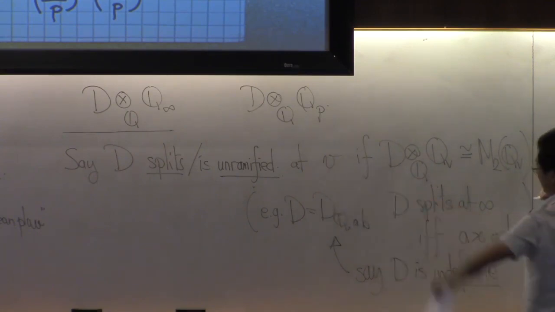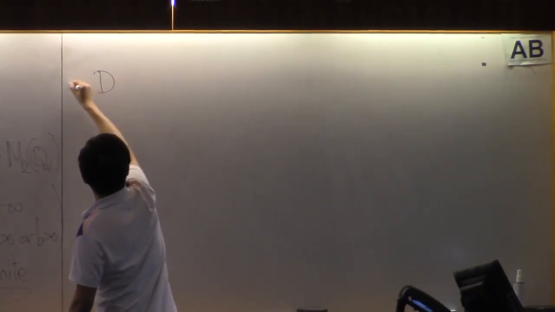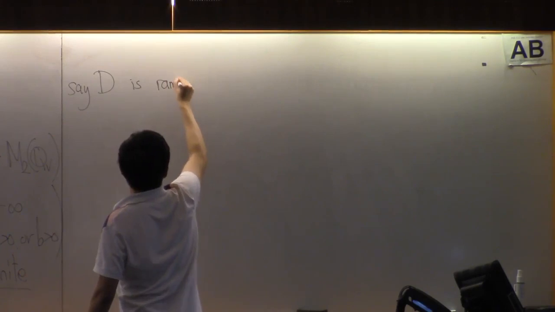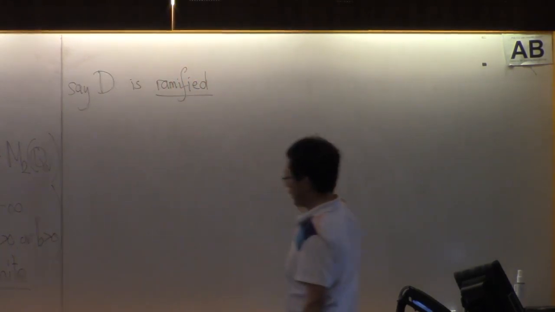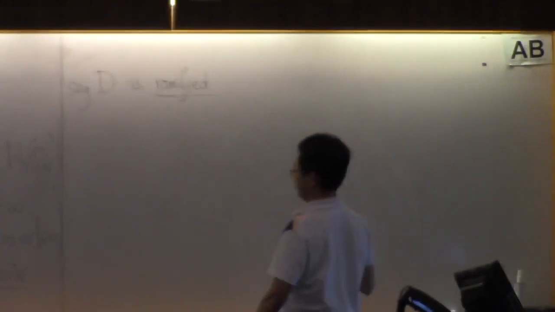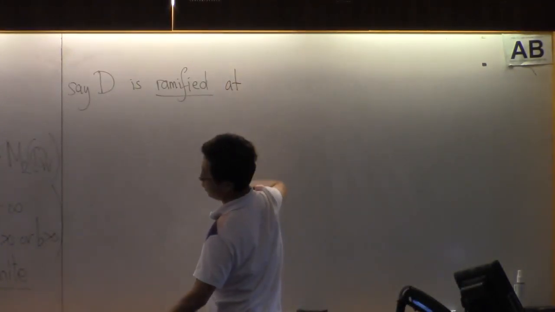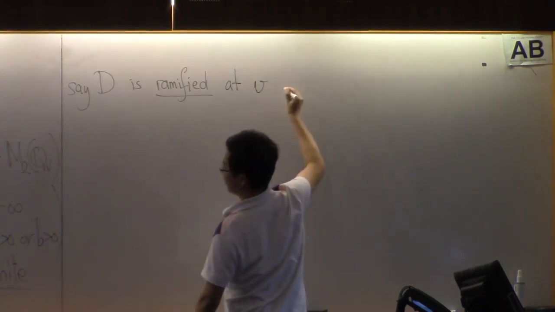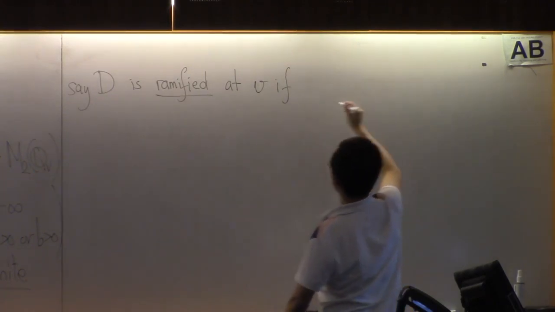Okay. The opposite location, where this is D, we say D is ramified. Almost never do people say not split. I guess you could say non-split and people will probably understand. It's very strange sometimes; the notation is not symmetric.